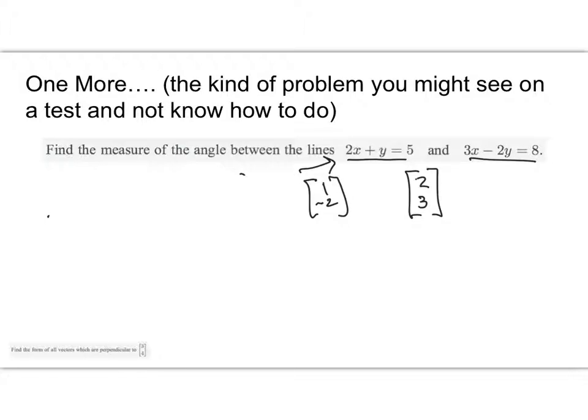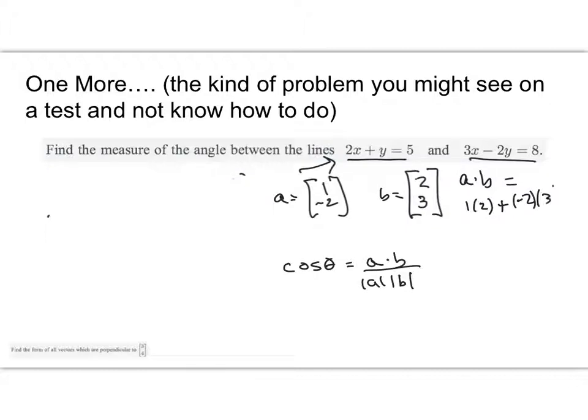Okay, so it's going to be cosine theta equals, we'll call this A, we'll call this B, A dot B over the magnitude of A times the magnitude of B. So A dot B is going to equal 1 times 2 plus negative 2 times 3. So that's going to be 2 minus 6, which is negative 4.